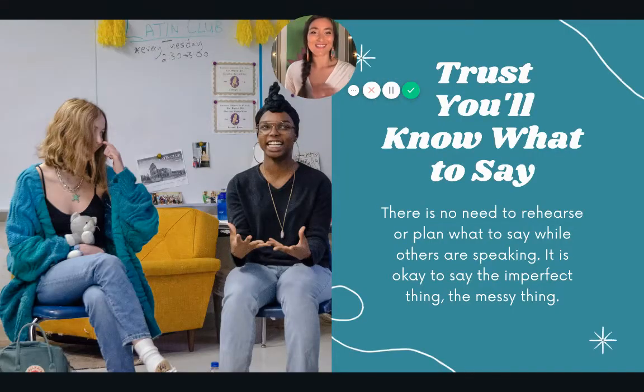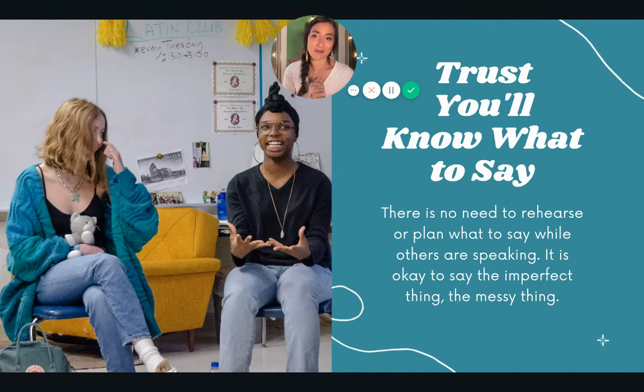Our next agreement is trust you'll know what to say. Trust you'll know what to say. This one's a difficult one for me. So there's no need to plan or rehearse what you're going to say because that's really difficult to listen to when other people are speaking, if you are planning and rehearsing and trying to come up with the most witty, interesting, entertaining thing to say.